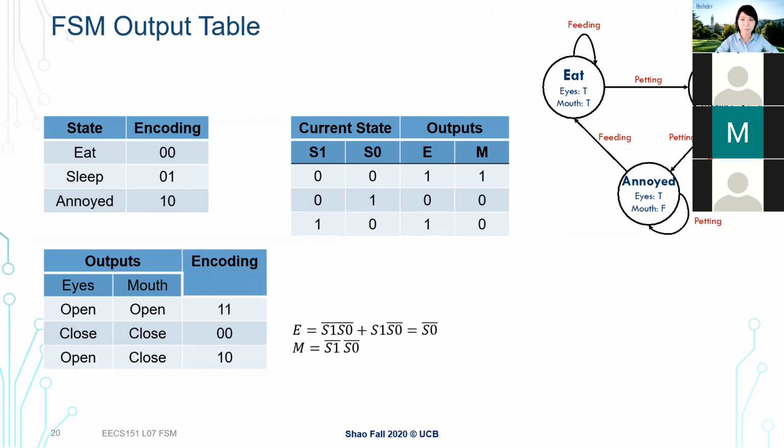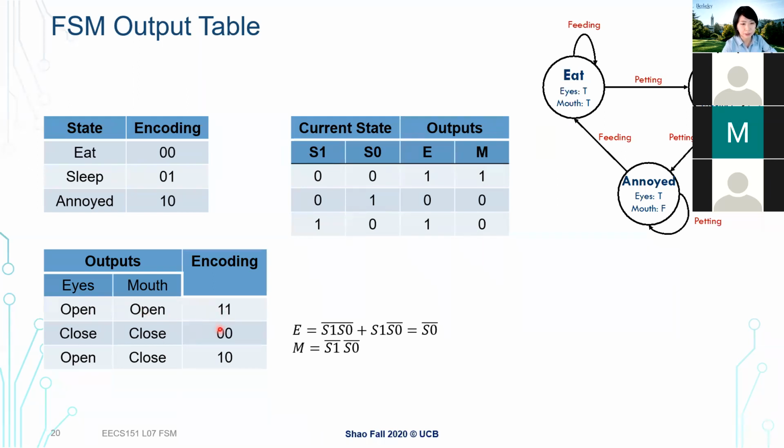But in this example, we can use the same state encoding to represent the current state. And then we can also express our output. Again, we have an encoding for our output. Here we're basically doing a version of one-hot, well, not exactly one-hot encoding. We give 1 bit for each output, either eyes or mouth. If they're both open, we say both are 1.